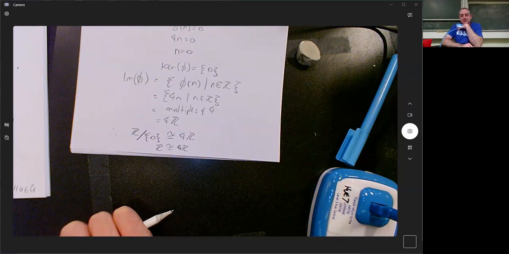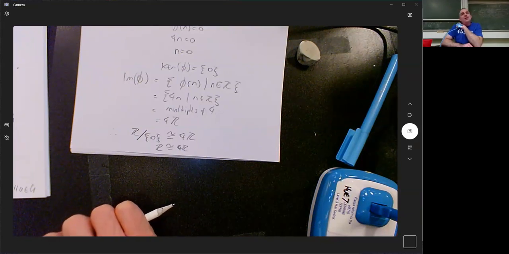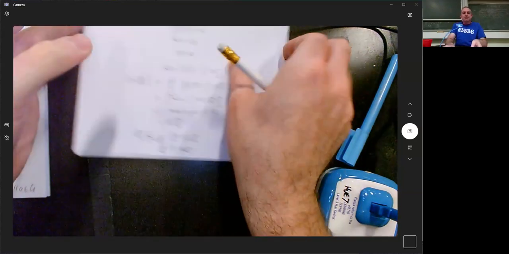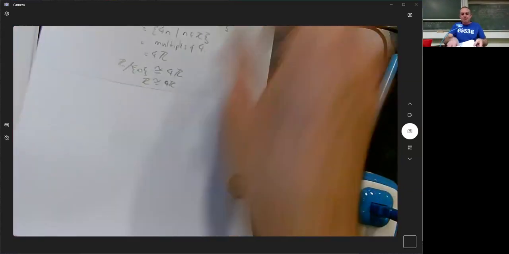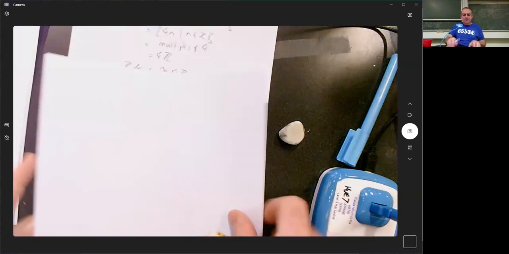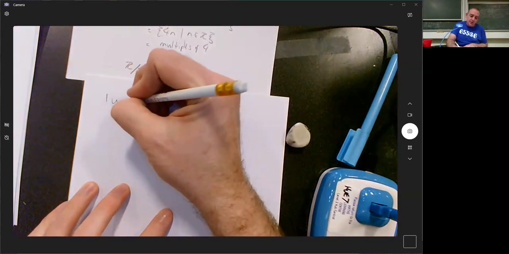Huh. Fascinating. So Z is isomorphic to 4Z, but Z quotient 4Z is isomorphic to something else entirely. I wonder what the homomorphism is that has as its kernel the multiples of 4. I don't know if there is one.